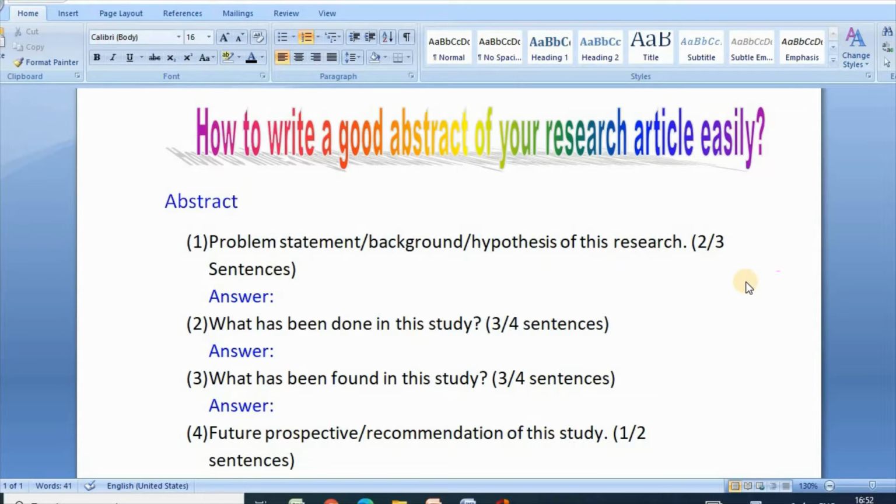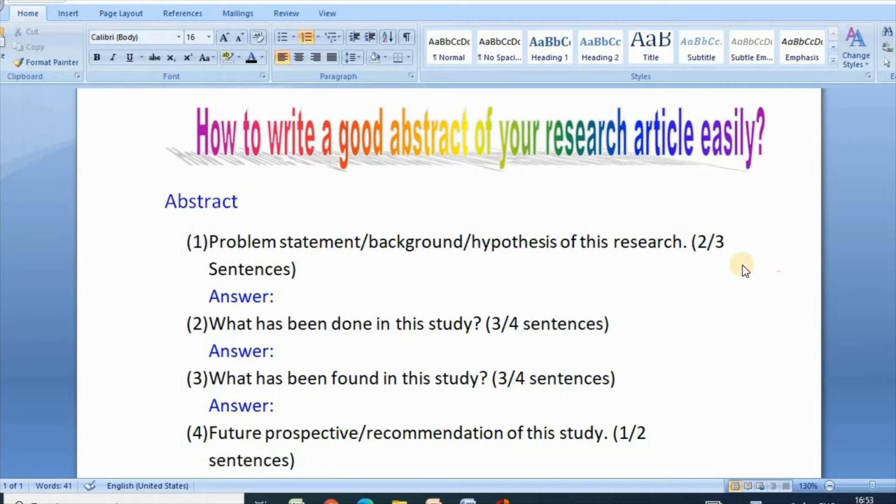Today I would like to show you how to write a good abstract of your research article easily. An abstract is written after completion of writing the whole paper. The abstract is the centerpiece of any research article, and it can be compared with a movie trailer.